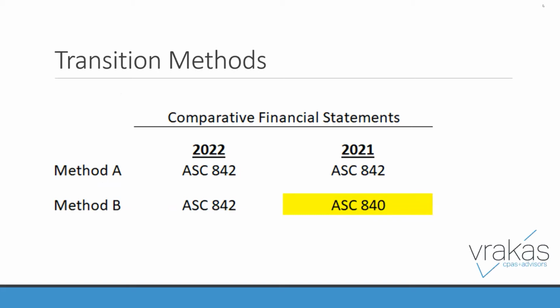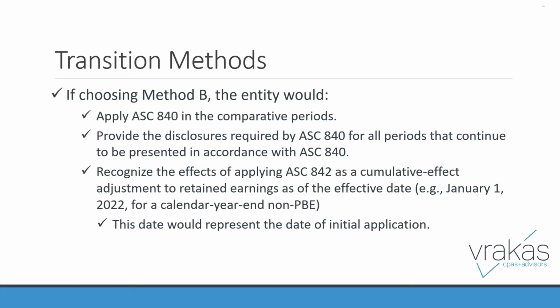So they provided this as a relief so that you don't have to go back and apply the standard to 2021. So we think that most people will probably choose method B in this case. And some things to note. If you do choose method B, you still maintain ASC 840 in the comparative period.